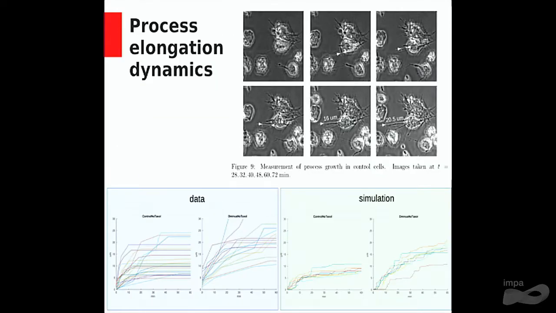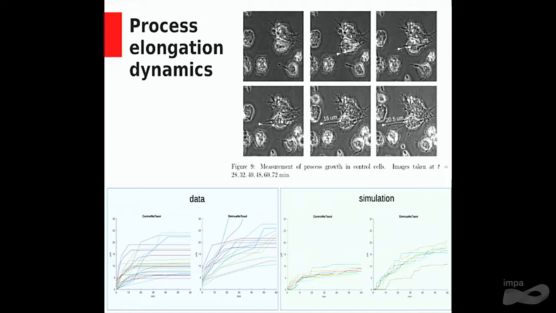So what we did is, that group of biologists did a few experiments, for example, those here. This is in order to look at how fast the processes grow. They just took those S2 cells, plated them in a petri dish, and took videos for about 1.5 hours.